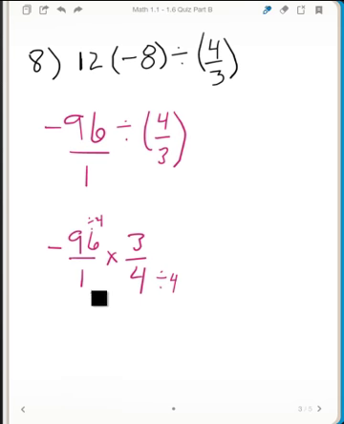So negative 96 divided by 4, that's going to give me negative 24. 4 divided by 4, that's going to give me a 1. So I'm going to have times by 3 over 1, or just 3. Okay? So negative 24 times by 3, that's going to give me negative 72. And there's the answer.